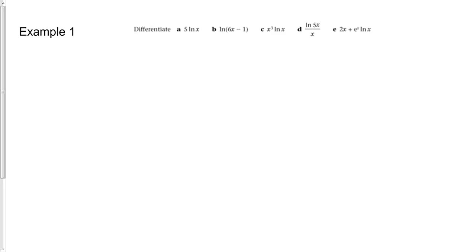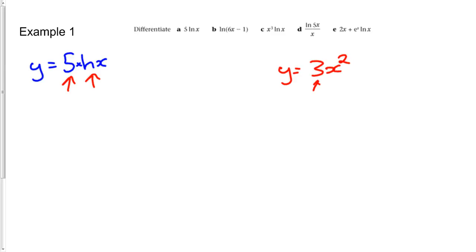So let's have a look at different examples. The first one is y equals 5 log x. Now we can write 5 log x as 5 times by log x, but this isn't the product rule. The reason being is that here we've got a function, but this is just a number. It's a bit like if we had y equals 3x squared. We don't use a product rule for that one because the 3 is just multiplying.